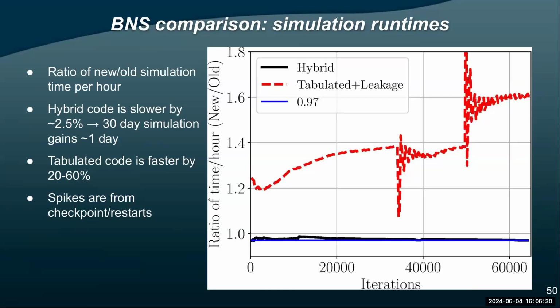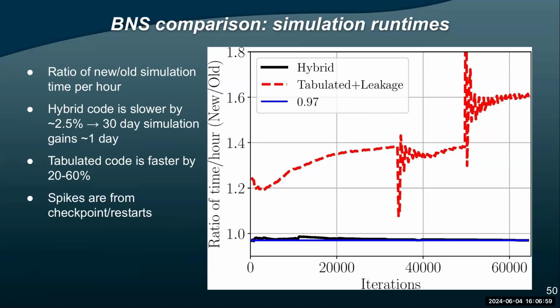Now, people have previously asked me how fast it runs or how much I've slowed it down. So the hybrid is in black, and what I'm doing is taking the time per hour that Cactus puts out and taking a ratio of the new code over the old code. The black down here is the hybrid equation of state, and the blue line is just 0.97, to give a reference mark.